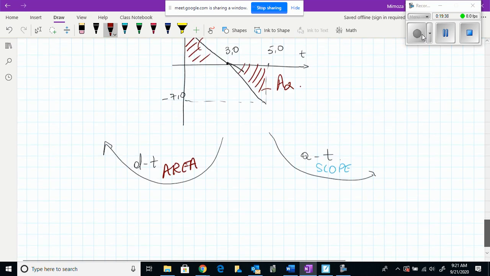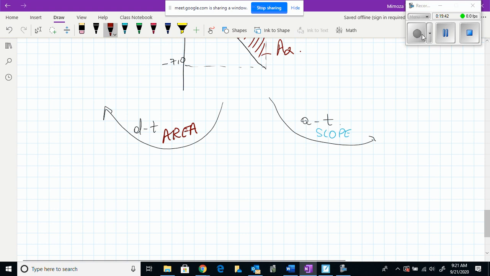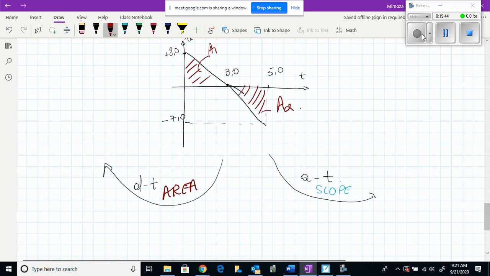So let's calculate the areas of those 2 parts. Area 1 is a triangle, 1/2 base times height, or 1/2 times 3 times positive 8.